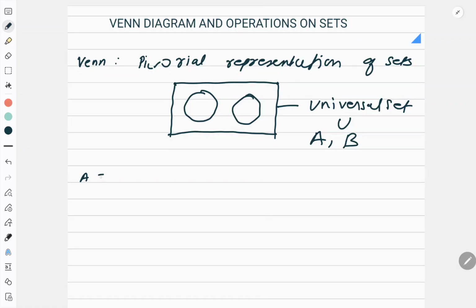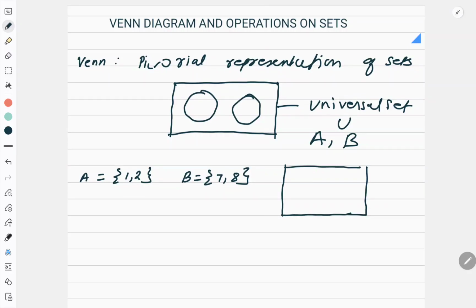Suppose I am saying A is equal to {1, 2}, and B is equal to {7, 8}. So how can I represent this in a Venn diagram? I'll take a universal set like this. Now since I have two sets A and B, A has 1 and 2 and B has 7 and 8.